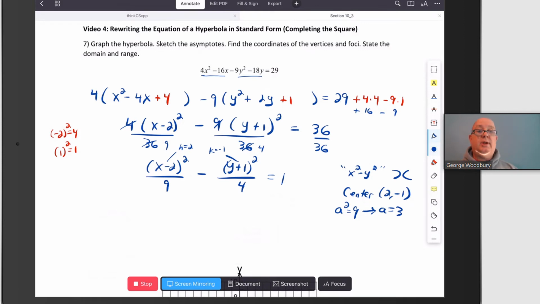That means we're going to move 3 left or right. And because it opens left and right, those will help us to find our vertices. b squared equals 4, so b equals 2. That means we're going to move up and down by 2.